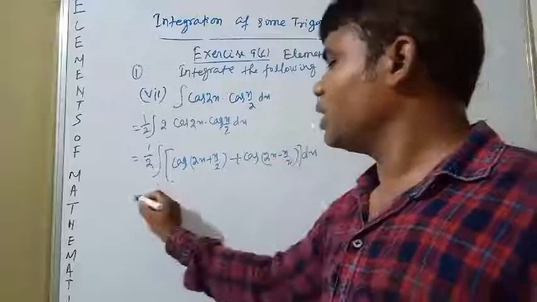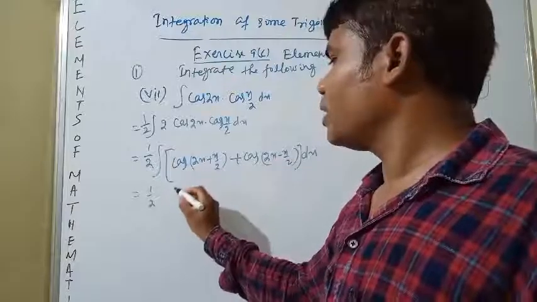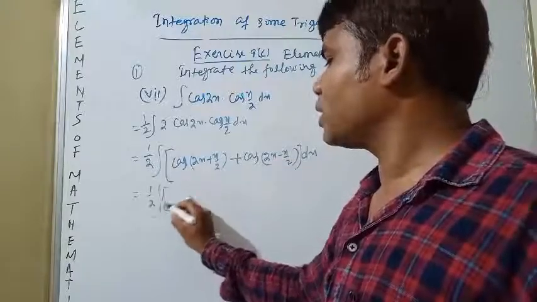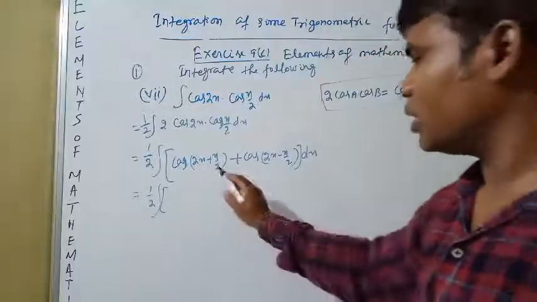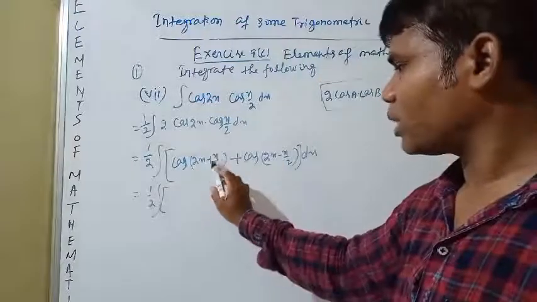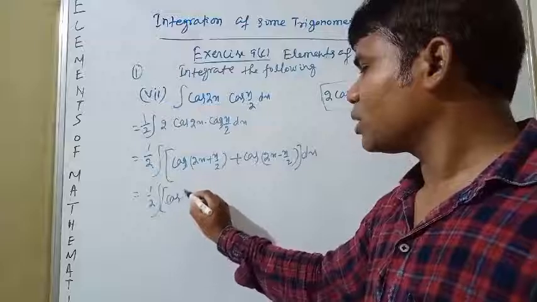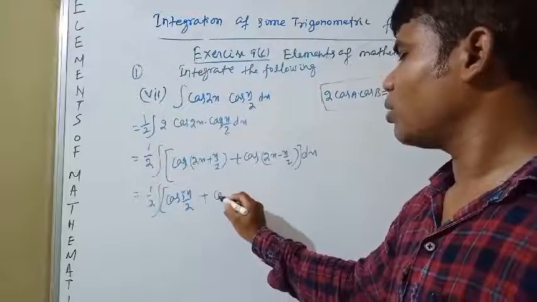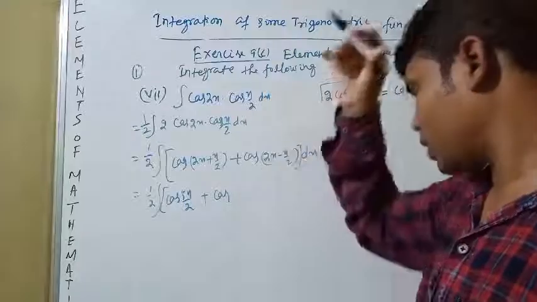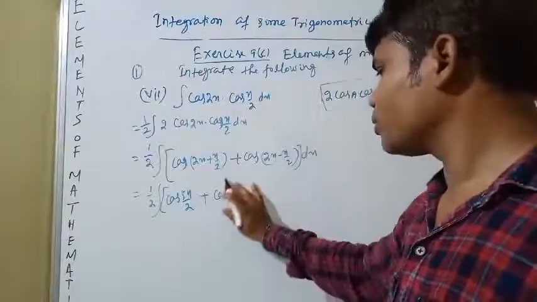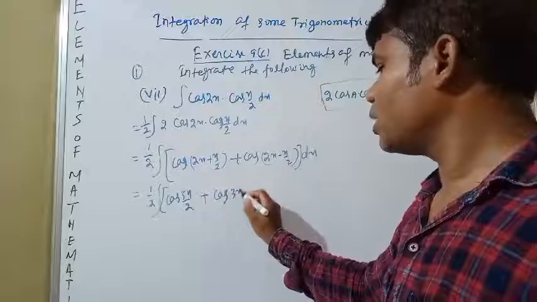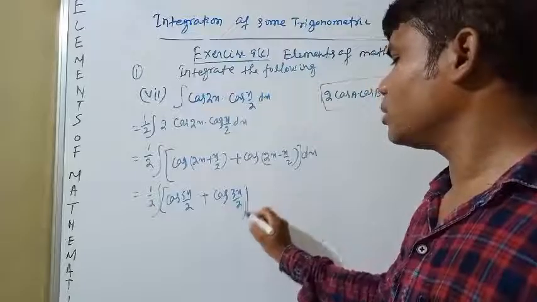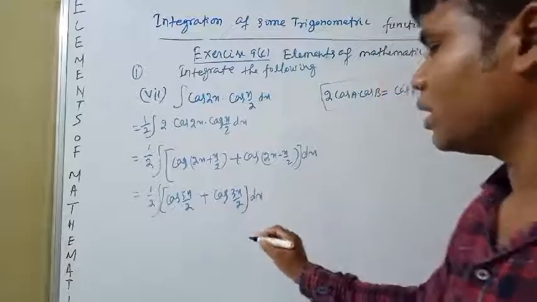That is half the integral of cos 5x by 2 plus cos 3x by 2 dx.